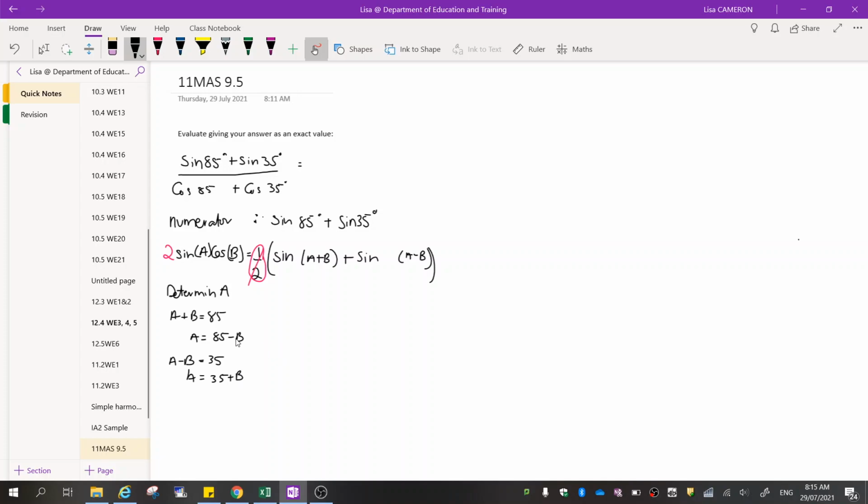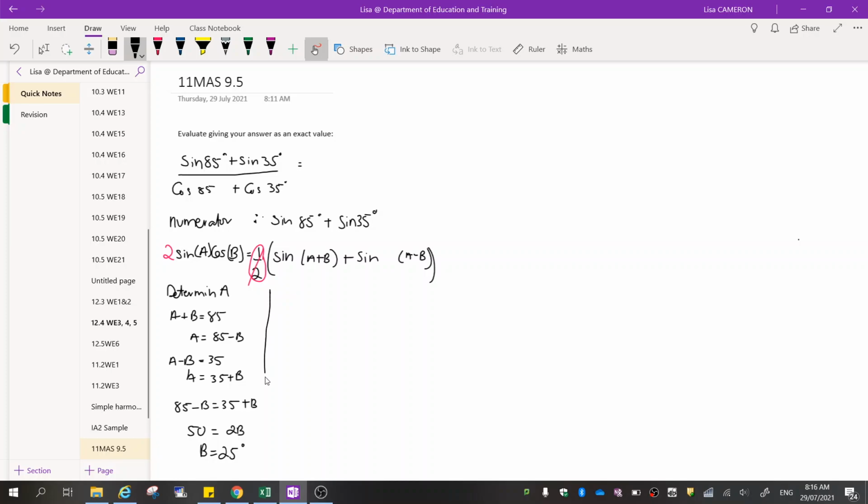Now I'm going to solve simultaneously by making this one equal to that one. 85 minus B is equal to 35 plus B. Take the B over here, I'll be given 2B. Take the 35 over there, 85 minus 35 is 50. Then I'm going to divide this side by 2, so I'm left with B is equal to 25 degrees.